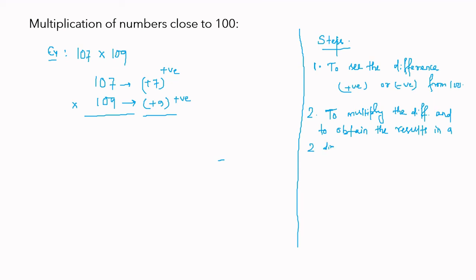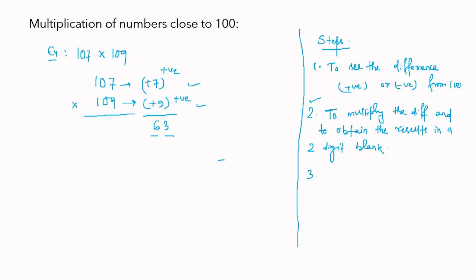The result that we will be obtaining by multiplying 7 and 9, that's what we are showing in the second step, to multiply the differences. The differences are 7 and 9. Now we will be multiplying the differences to obtain 63 in the form of a 2-digit blank. Now 63 is already a 2-digit number, hence it perfectly fills the 2-digit blank that we are talking about in step 2. Now we'll proceed to step 3.